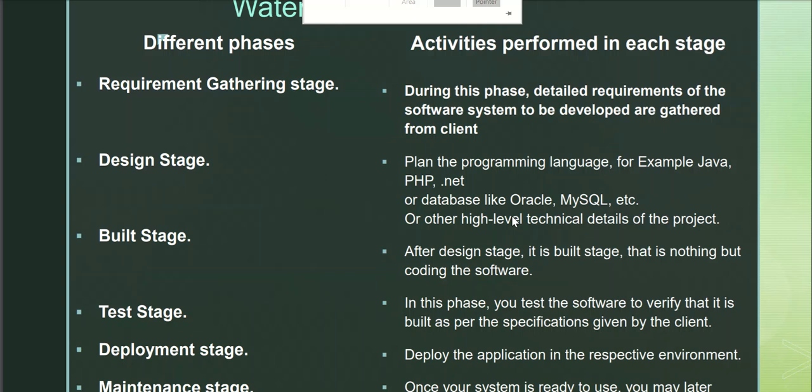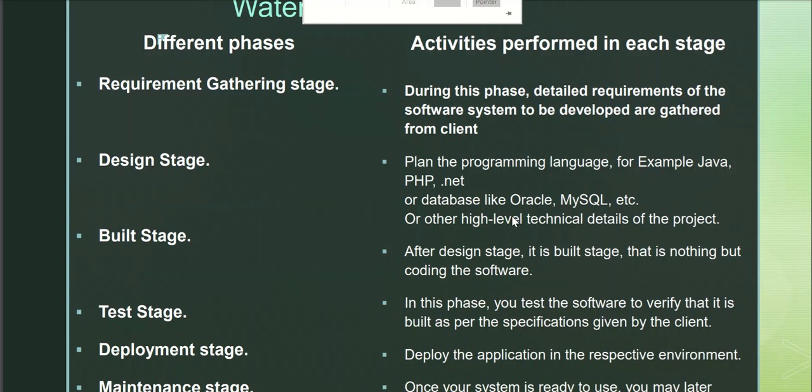So for every stage of the life cycle, there used to be phases. Like one phase was completely dedicated to requirement gathering, maybe of 1 month. Once that 1 month has finished and requirement gathering is completed, then we used to move to the next phase.